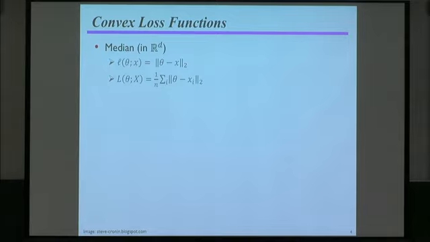If I was thinking of this as a maximum likelihood estimator, the mean is the MLE for, say, the mean of a bunch of data that I assume is drawn from a Gaussian distribution. This is the MLE for data drawn from, say, a gamma distribution or some other spherically symmetric distribution that's not exactly normal.